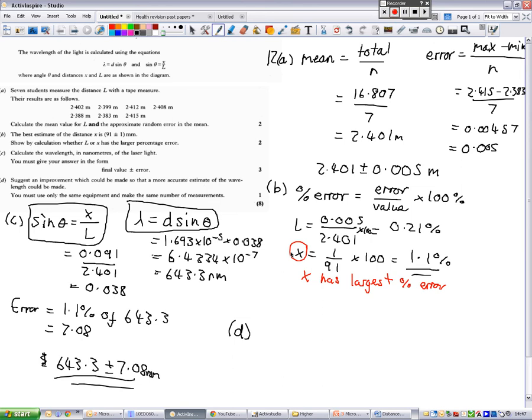So what you need to do is to make x bigger. You need to make that little margin bigger so that the percentage error is not as much of the overall value. So the way you can do that is by moving the screen further away. If you move the screen further away, then you make x bigger. So make x bigger by moving screen further away.